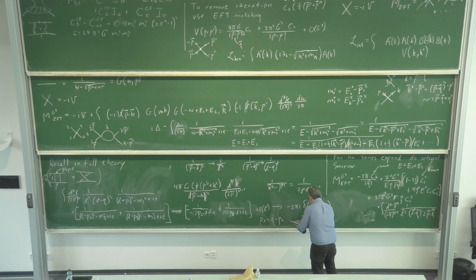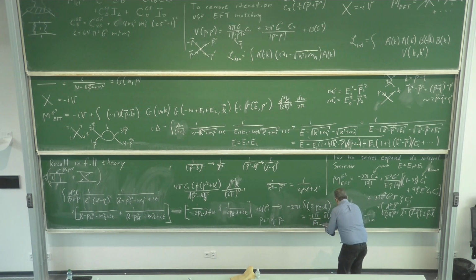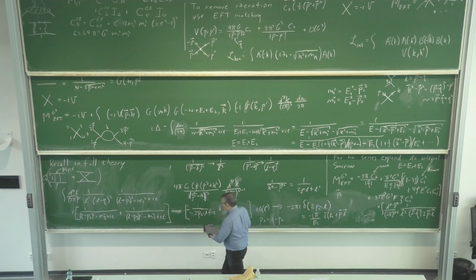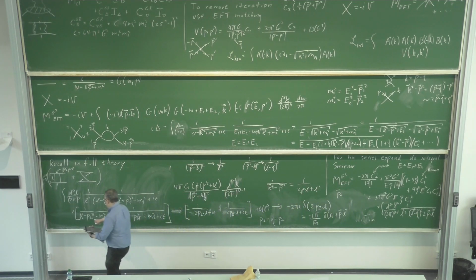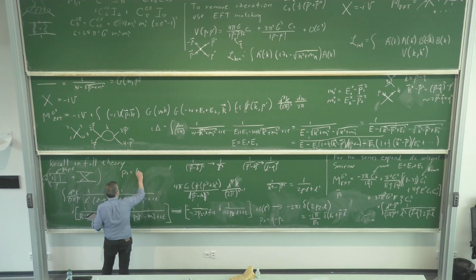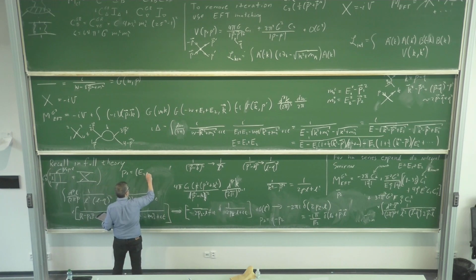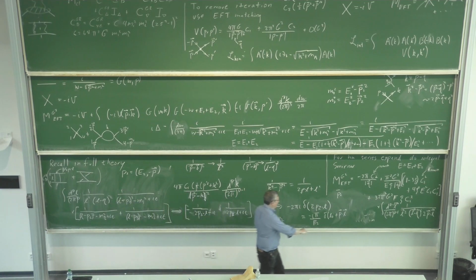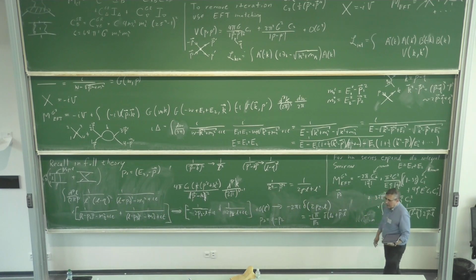So this thing is minus i pi over E2 delta of L0 minus plus P dot L. So for P2, let's say there's P2 here, but remember P2 is equal to E2 and minus P. We're in center of mass coordinates, so when you see the P without a label on it, that's the center of mass momentum.